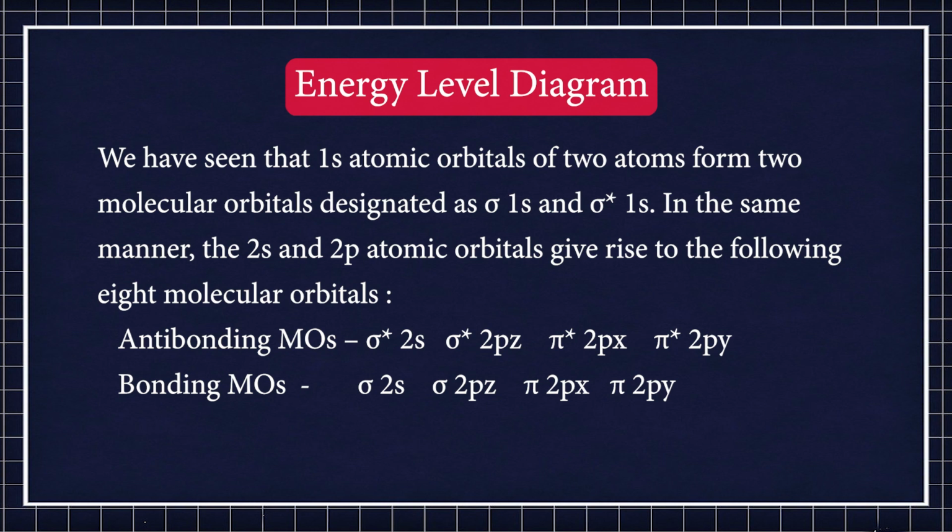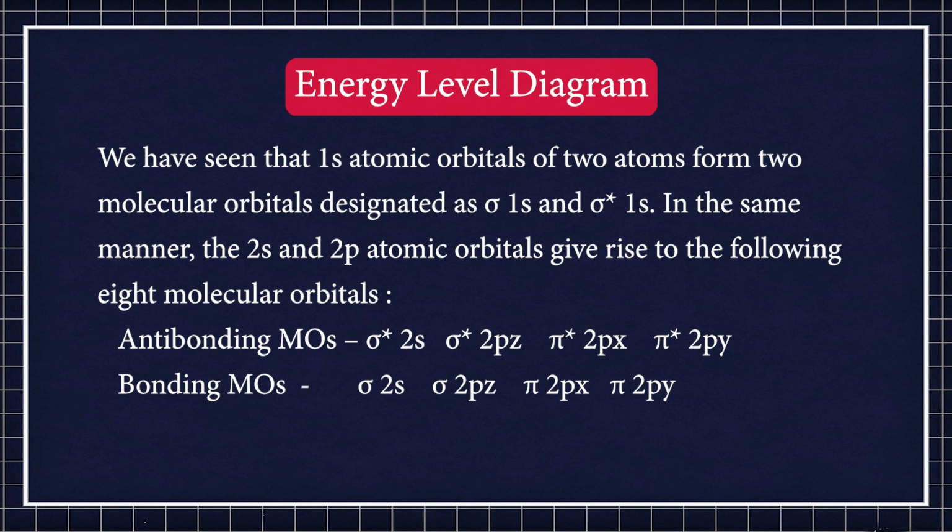Students, we have seen that 1s atomic orbitals on two atoms form two molecular orbitals designated as sigma 1s and sigma star 1s. In the same manner, the 2s and 2p atomic orbitals, 8 atomic orbitals on two atoms, give rise to the following 8 molecular orbitals.